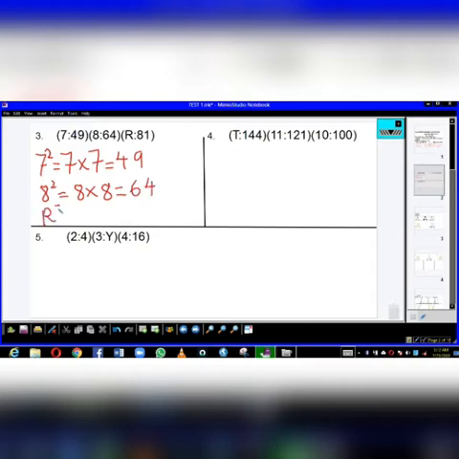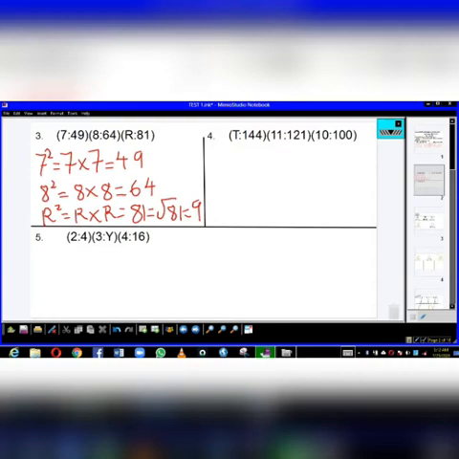R square is equals to R times R, and that will give me 81. So we have to find the square root of 81, and that is equals to 9. So the value of R is equals to 9.